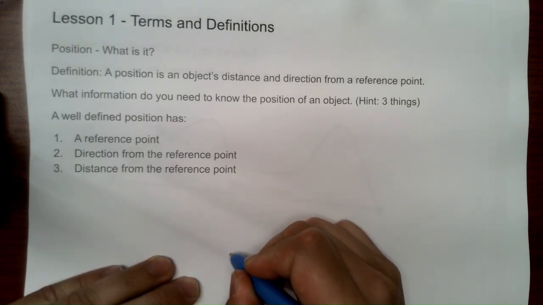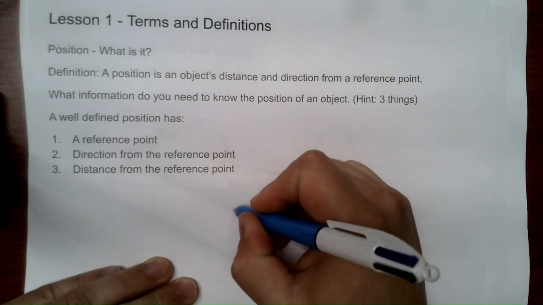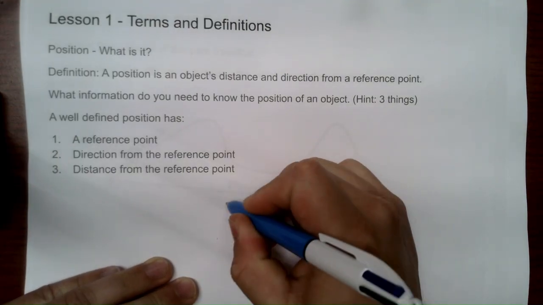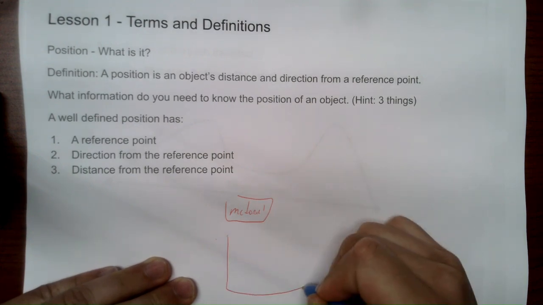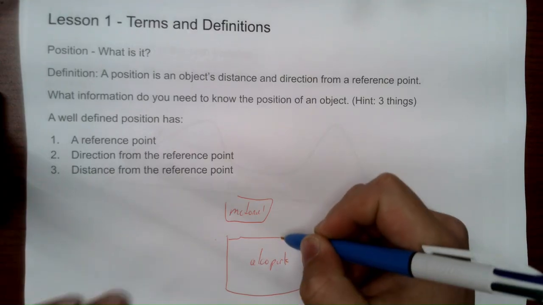So if I'm walking, let's say I'm walking down to McDonald's. Here's the Alco Park. Okay.